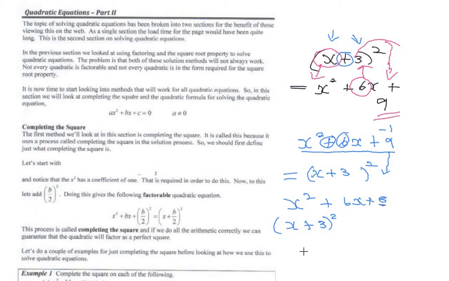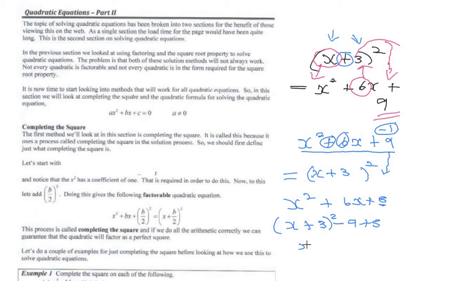So what we must remember is this plus 9 is part of this square. This 3 squared is going to give me this 9. So I need to subtract that square if I have my plus 8 over here, so that I get back to 8.